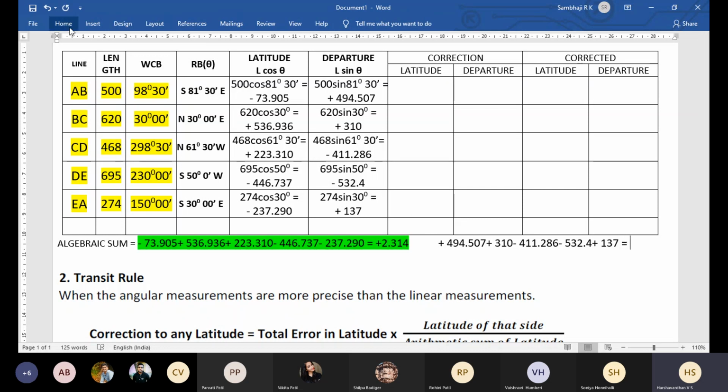So algebraic sum is minus 2.179. So this is for departure.